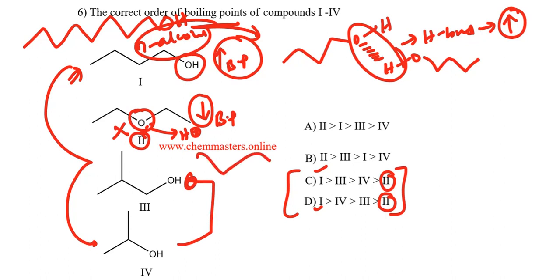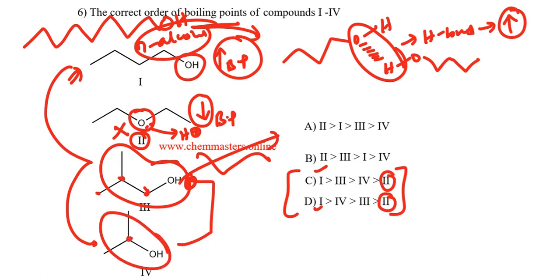When you observe the third and fourth, you can see higher carbons in the third one. So this one should have a higher boiling point when we compare with this branched, secondary alcohol. So the correct order must be option C.